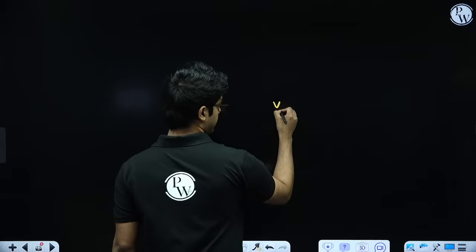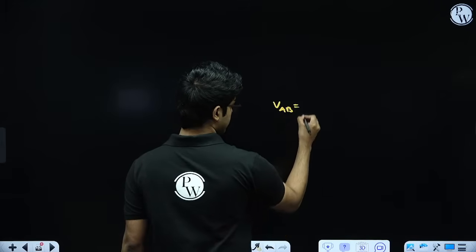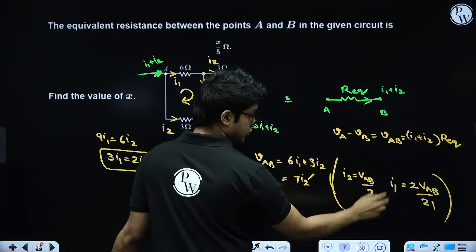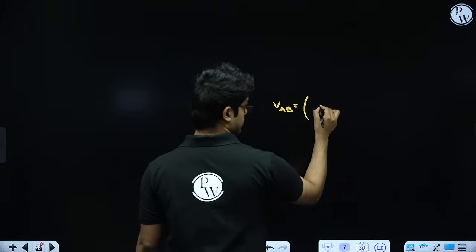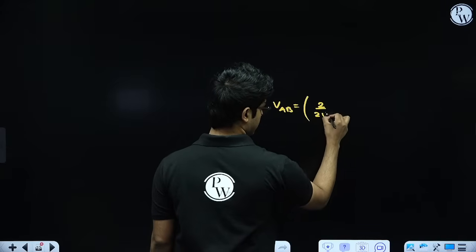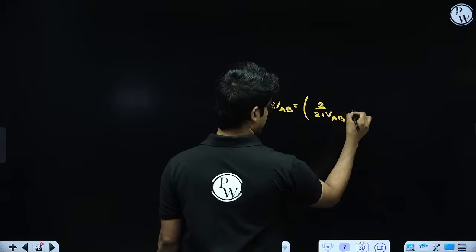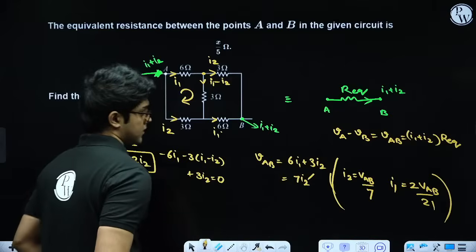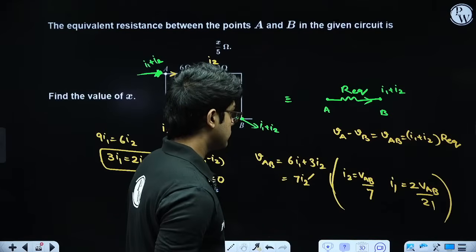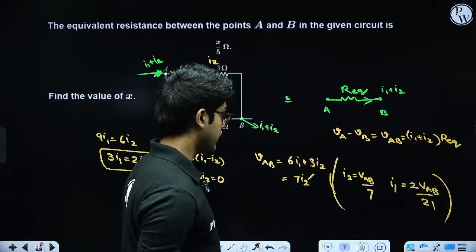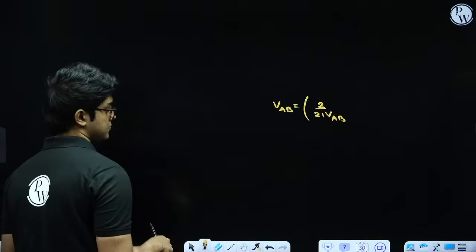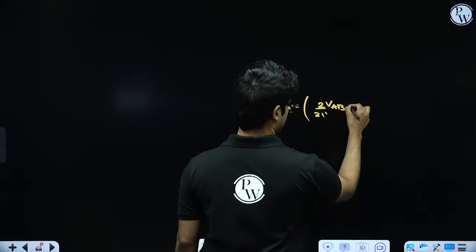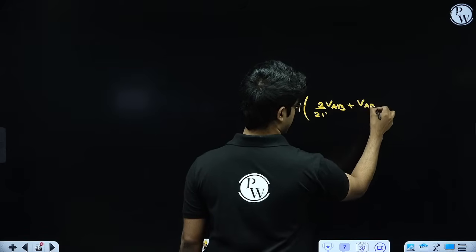So VAB equals I1, which is 2 by 21 VAB, plus I2, which is VAB by 7.